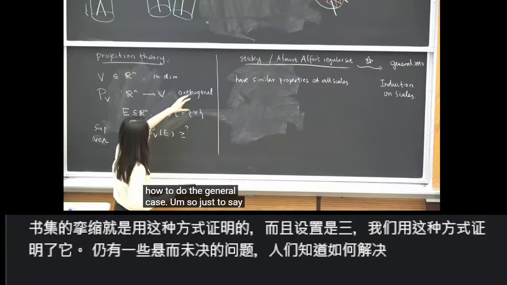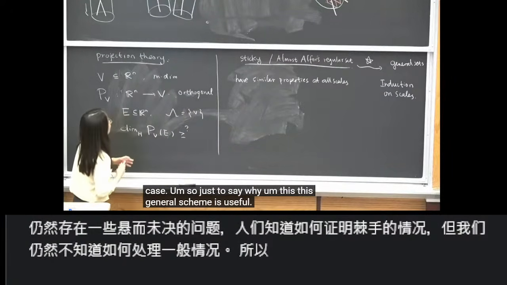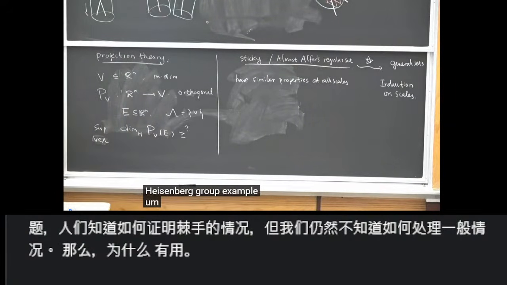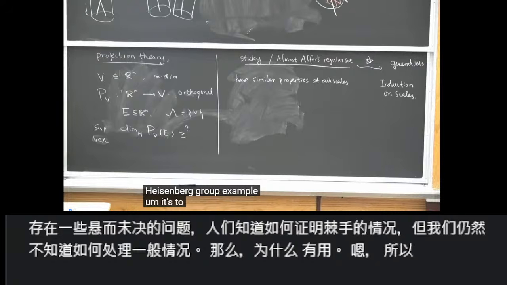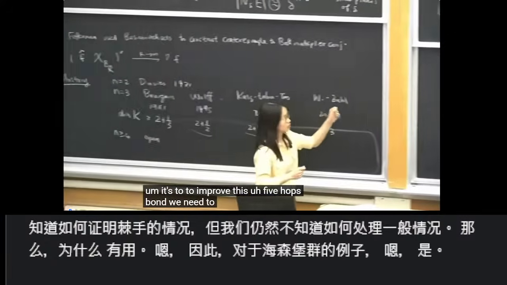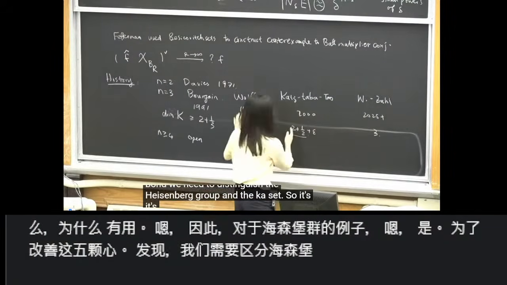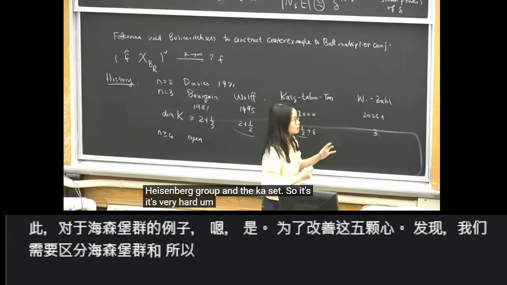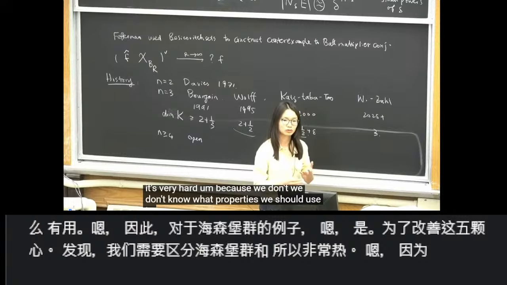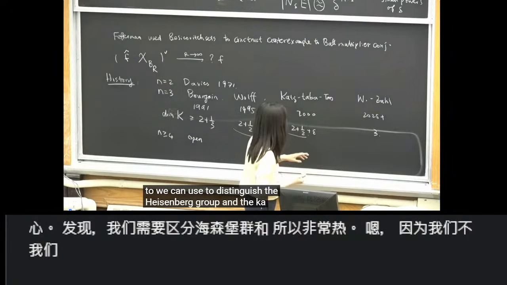So, just to say why this general scheme is useful. For the Heisenberg group example, to improve this 5/2 bound, we need to distinguish the Heisenberg group and the Kakeya set. It's very hard because we don't know what properties we can use to distinguish them.